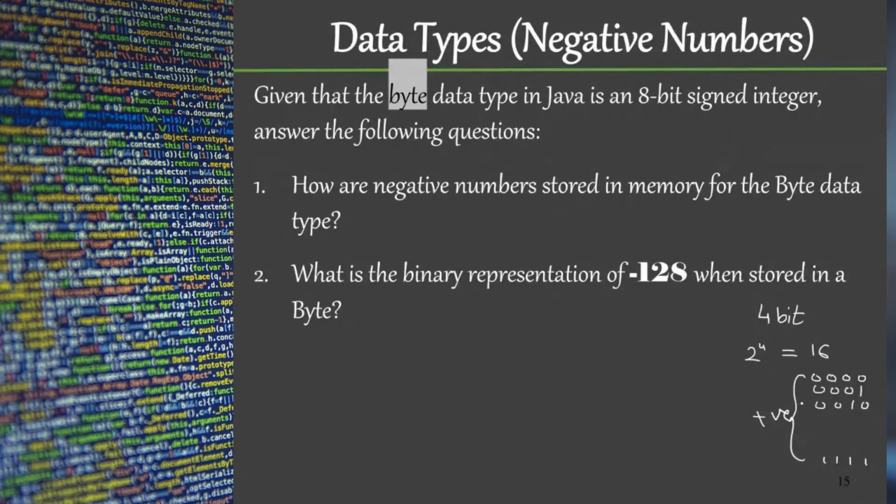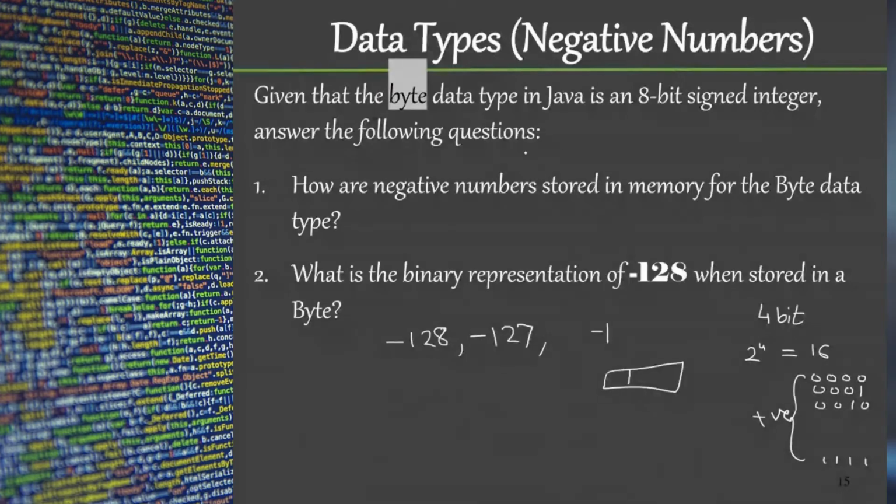What about the negative values? Remember, we are storing negative values also. In case of a byte, -128, -127, and then up to -1 also. So these negative values are stored, but memory can only understand zeros and ones. That means we require binary for that.